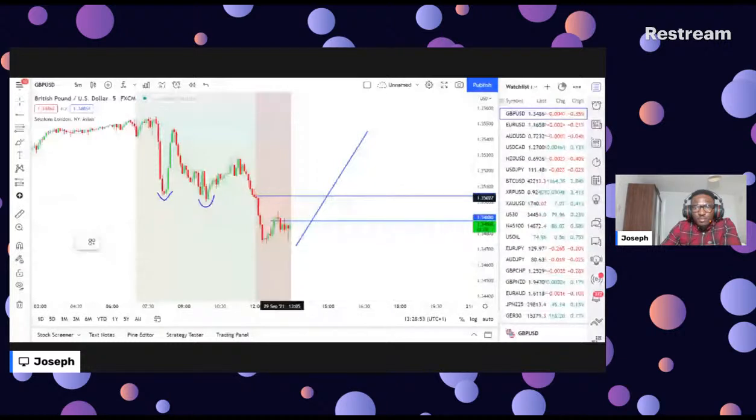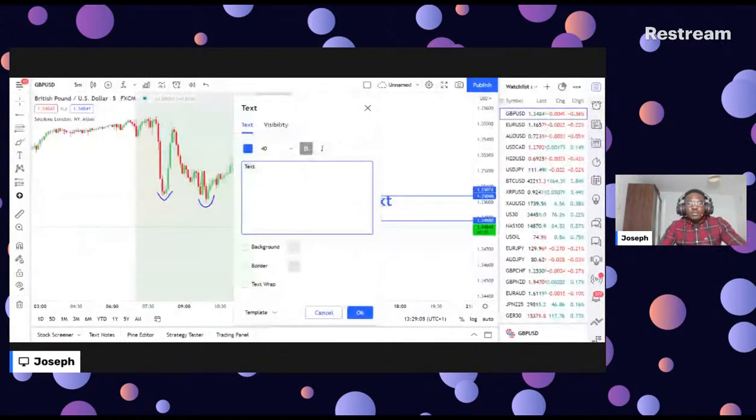This is why I like TradingView, if you're able to use all these things. So let's put this one as entry 1.